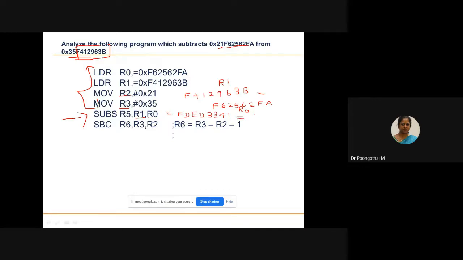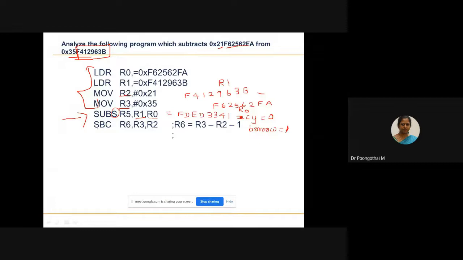What about carry? Because they have used the S suffix here, your carry must be 0. And what about borrow? When carry is 0, what about borrow? 1. Borrow is 1.